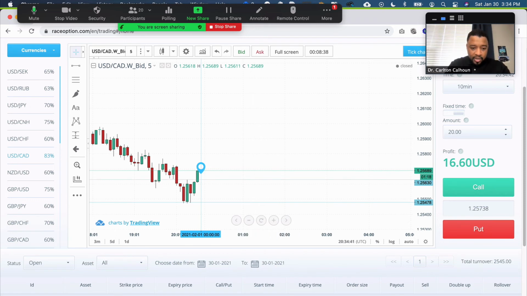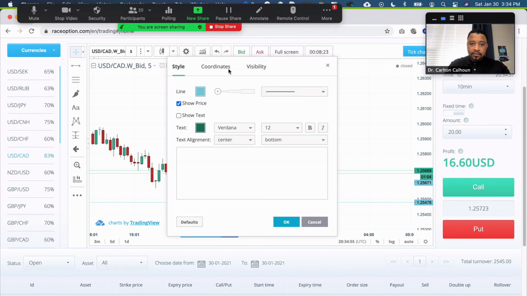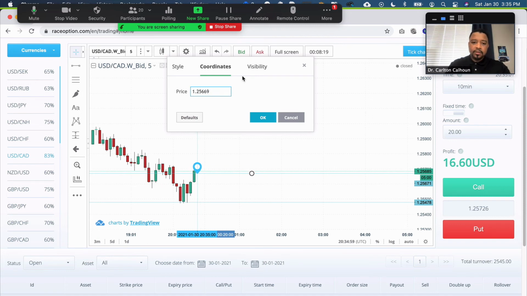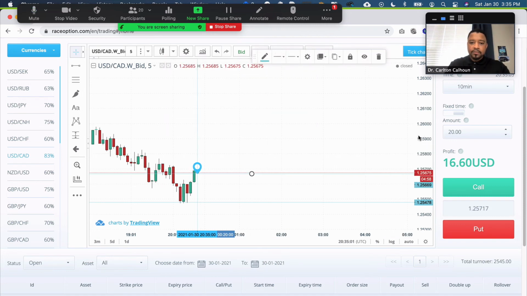So my strike price was 669. Right now it's at 689. So as long as it stays above 669, we're good.